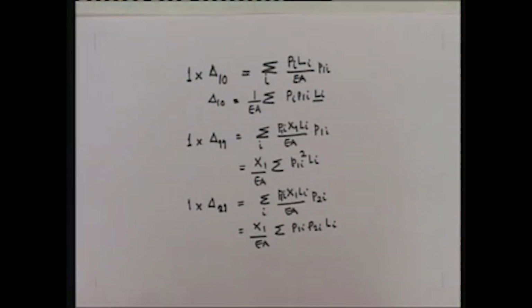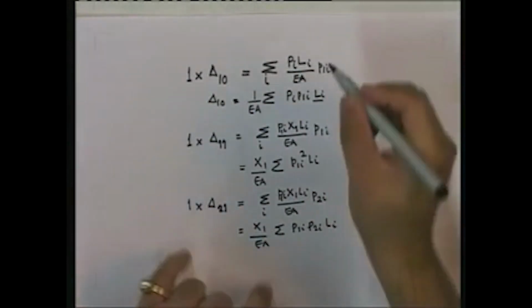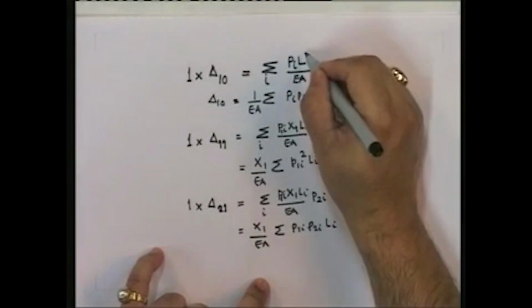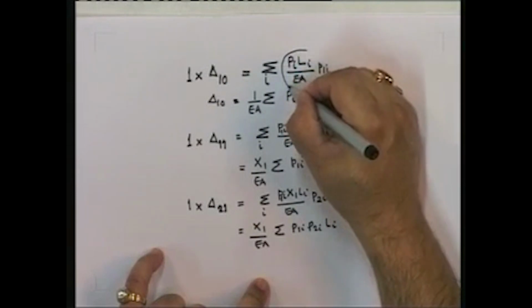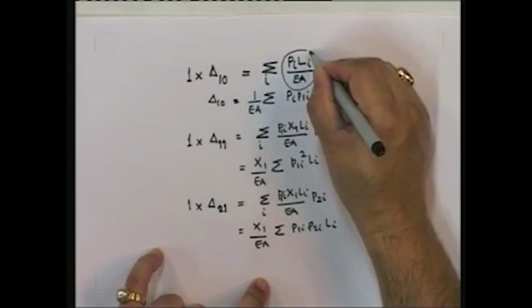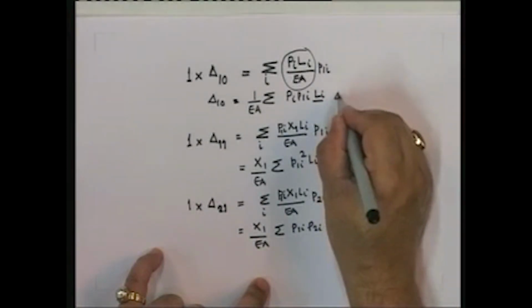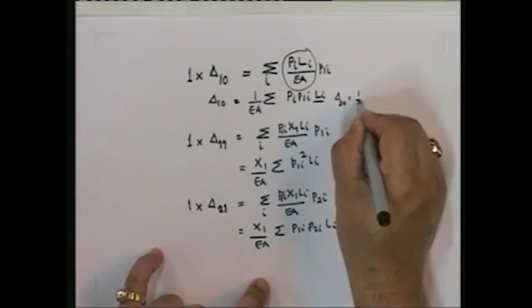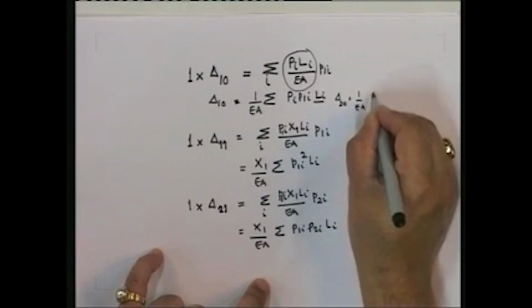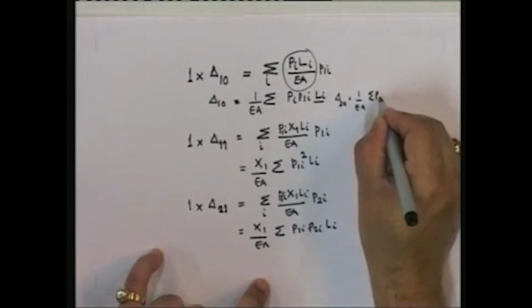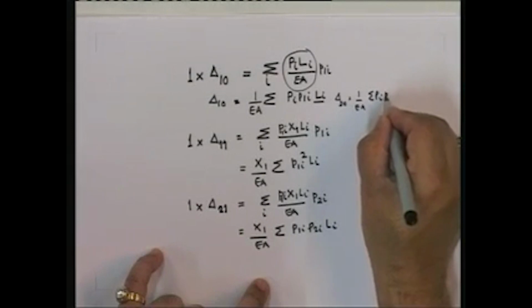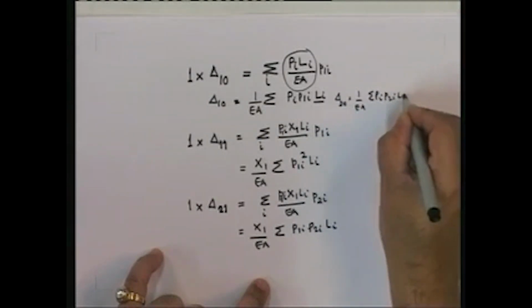So the only change that happens is in these equations. There's also another equation here which I did not write down that day, that is 1 upon EA summation of P1i P2i Li.